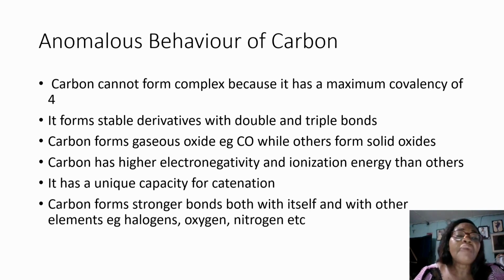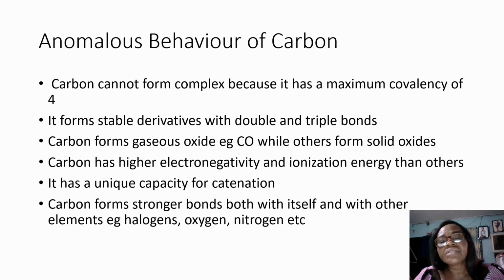One, carbon cannot form complexes because it has a maximum covalency of 4, while others form complexes. It forms stable derivatives with double and triple bonds. Carbon forms gaseous oxides, for example carbon monoxide and carbon dioxide, while others form solid oxides.